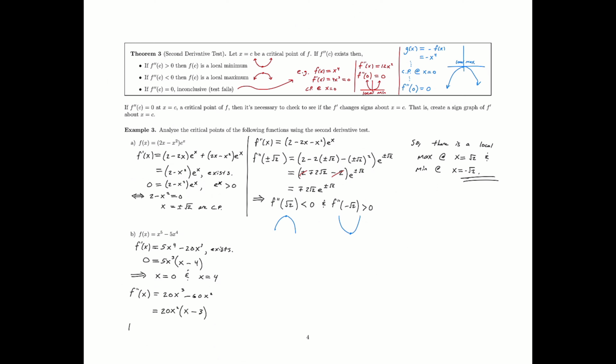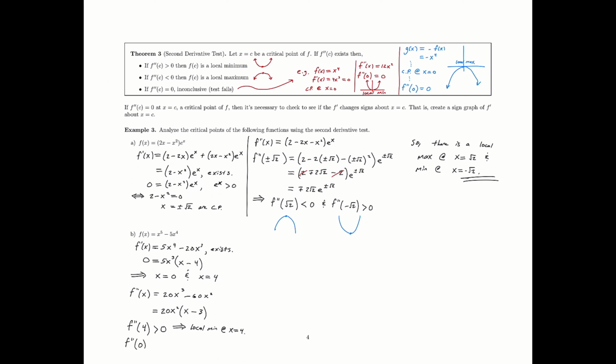So clearly, when we plug in 4, this is positive, and then 4 minus 3 is positive. So a positive times a positive is a positive. So f double prime of 4 is positive, which by the second derivative test implies that there is a local minimum at x equals 4.